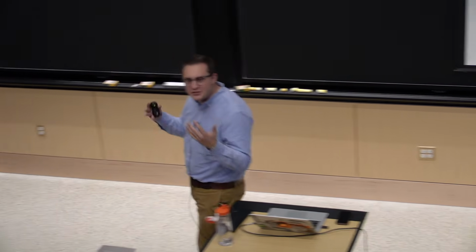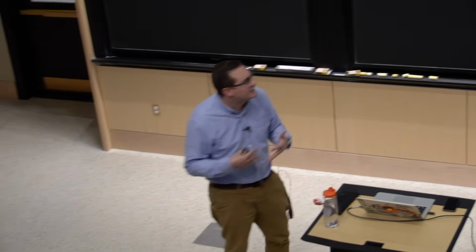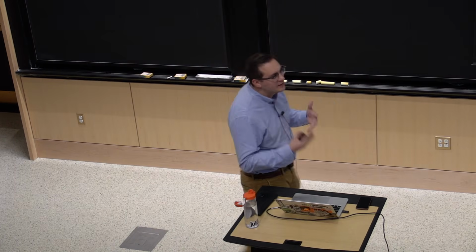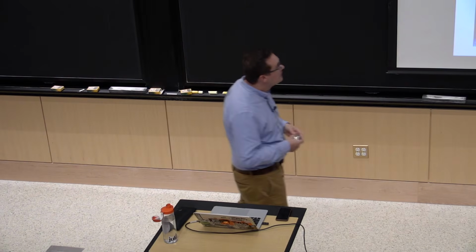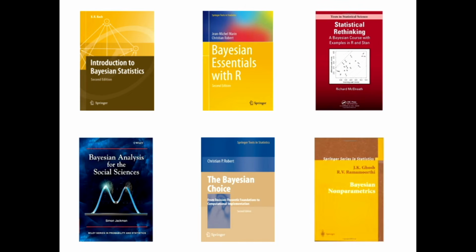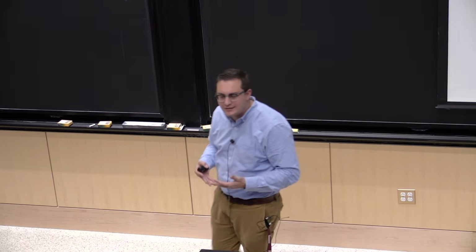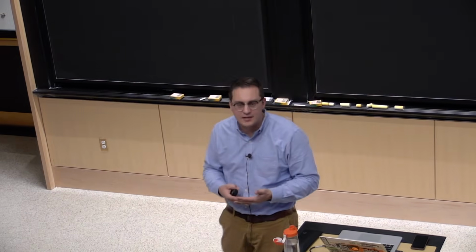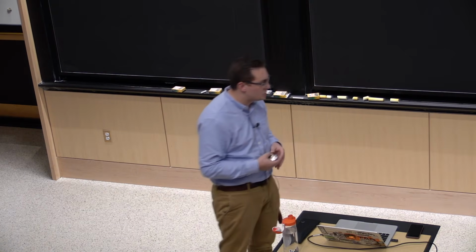And there's a lot of Bayesian thinking. There's a lot of things that talk about the philosophy of thinking Bayesian. This book, for example, seems to be one of them. This book is definitely one of them. This one represents a broad literature on Bayesian statistics for applications, for example, in social sciences.